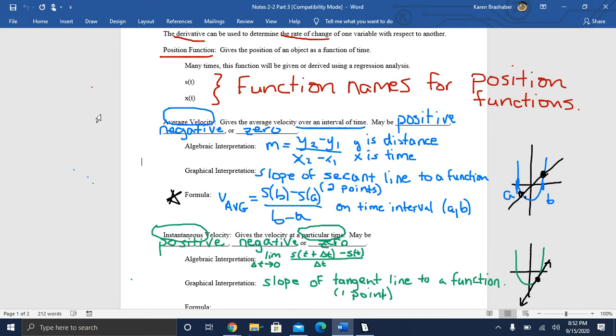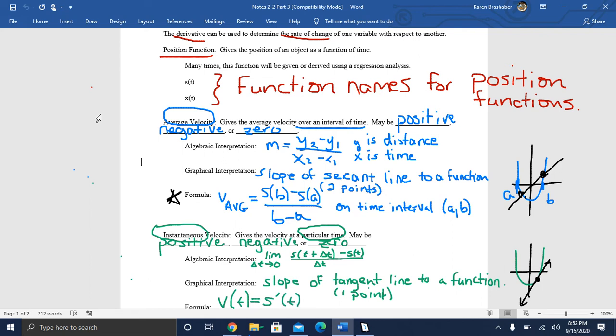Well, fortunately for you, you no longer need to use the limit definition of a derivative because you know the power rule. So the formula that you'll be using to calculate instantaneous velocity, first of all, we'll call it a function, v of t, and it is simply the derivative of the position function.